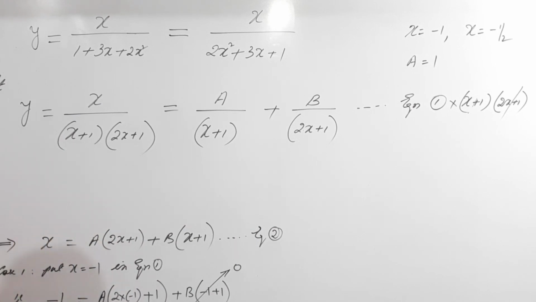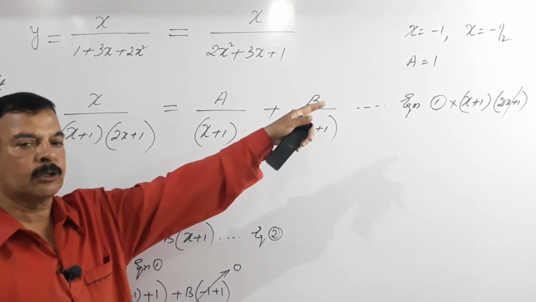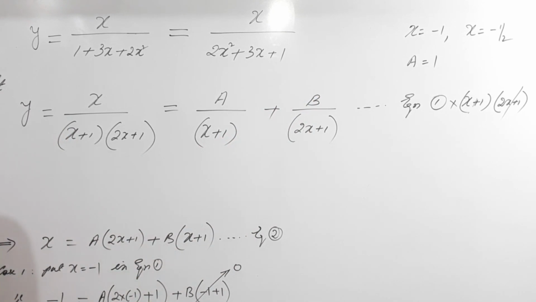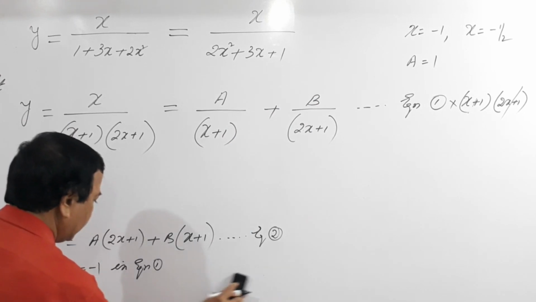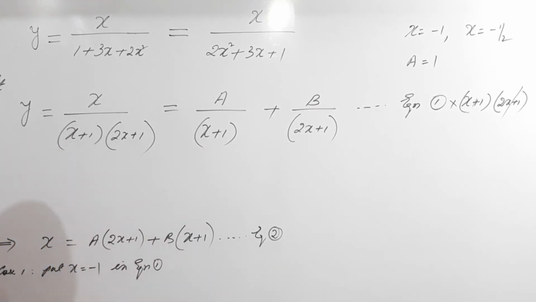So next, put x equals to minus half, so that is case 2. Put x equals to minus half in equation 1. What happens here?